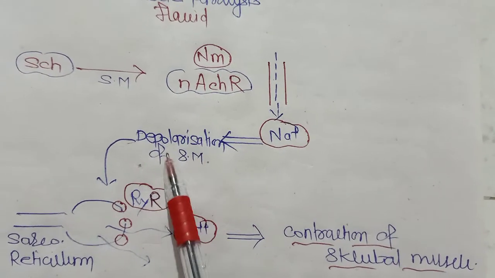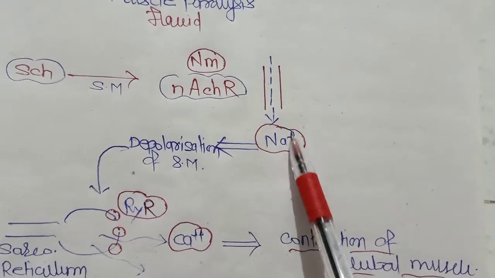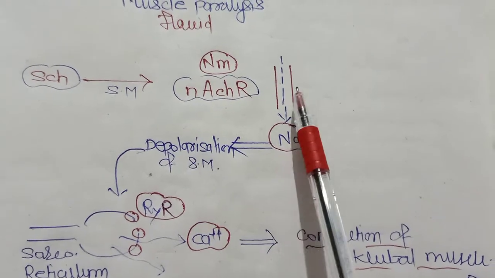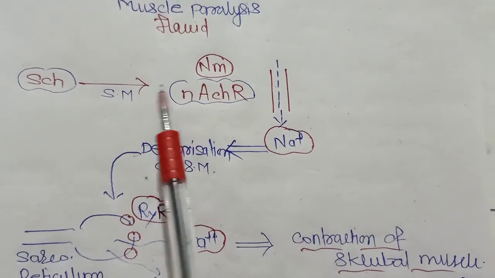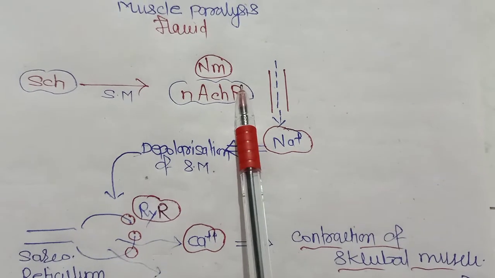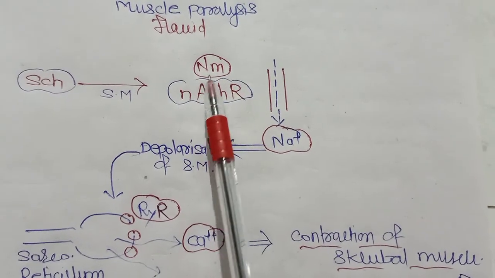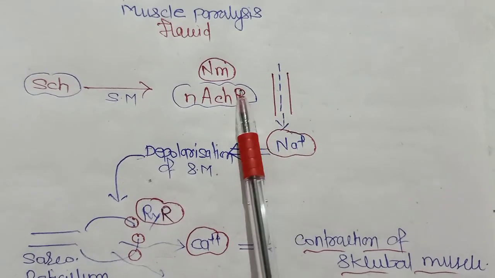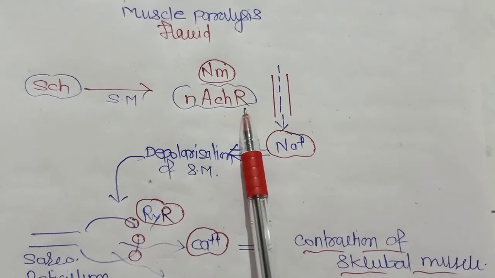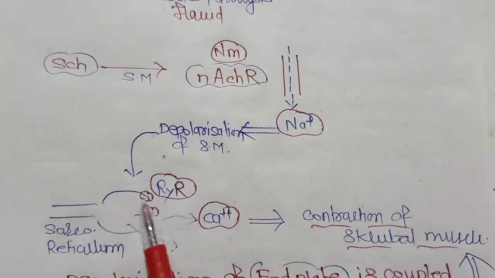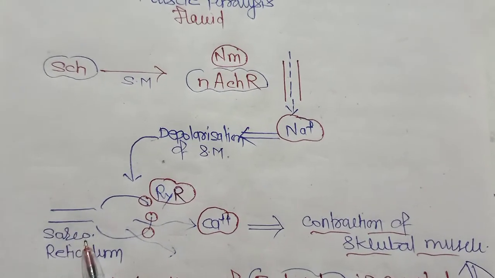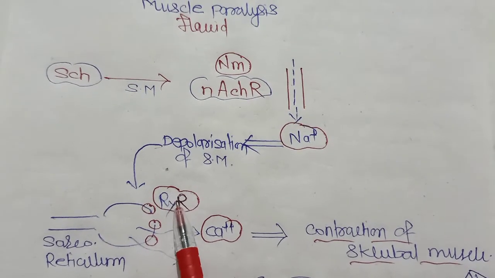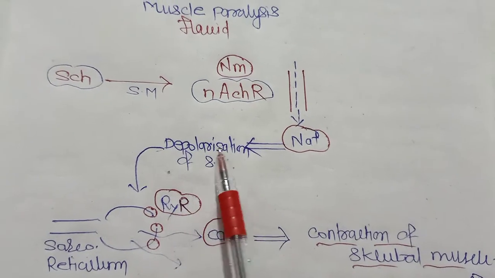Why depolarization of the skeletal muscle membrane? Because there is an influx of sodium ions inside the skeletal muscle membrane. Why is there an influx of sodium ions? Because succinylcholine binds to the NM type of receptor, and these nicotinic acetylcholine receptors are inotropic receptors. That's why the ryanodine receptors get activated because depolarization occurs.